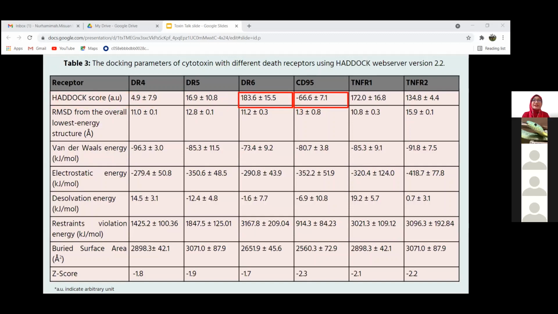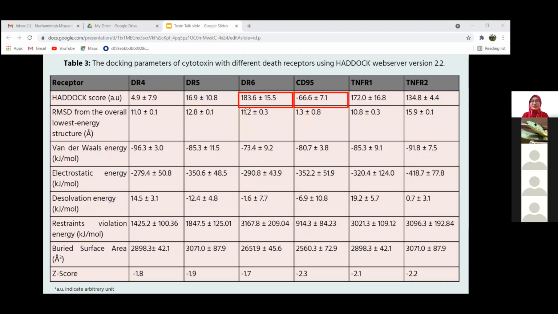The HADDOCK score is defined as the combination of various energies and buried surface area when the docking takes place. Typically, the lower the docking score, the better the fit between the two docking structures. However, we exclude CD95 and DR6. Firstly DR6, because the docking score is too high, so we exclude it.